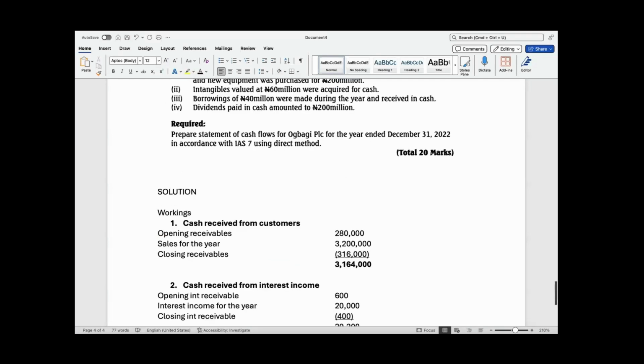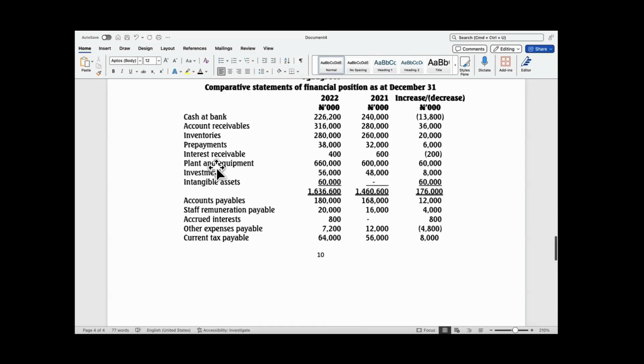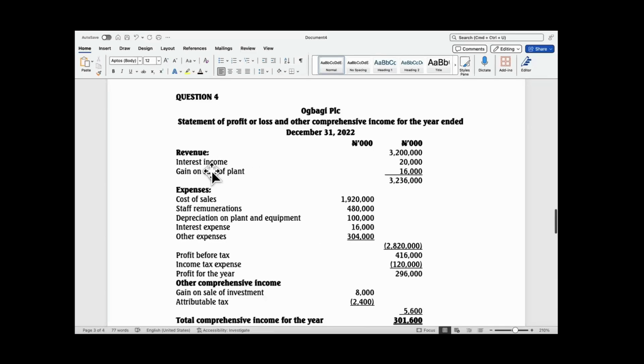I'm done with that. I go to the next item. What's the next item? Gain on sale of plants. My dear students, gain on sale of plants is a non-cash item. You ignore it. Because in fact, the cash element here will have been the money they received when they sold it, which of course they will have given you in the additional information, which they did.